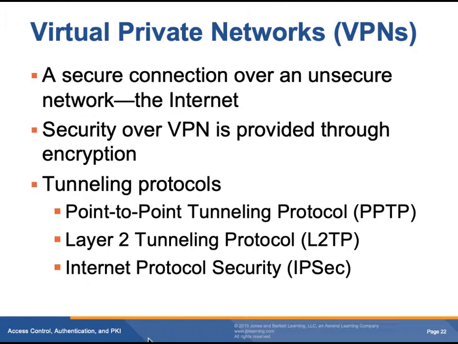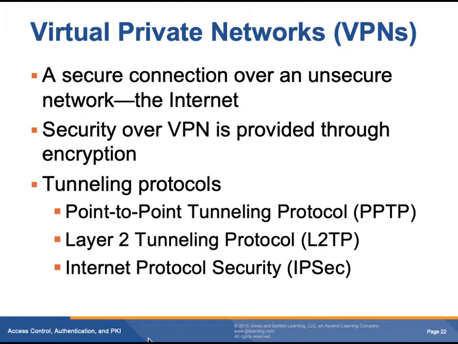VPNs, a secure connection over an unsecure network, such as the internet. Security over VPN is provided through encryption, and there are tunneling protocols associated with VPN, including PPTP, which is Point-to-Point Tunneling Protocol, L2TP, which is Layer 2 Tunneling Protocol, and IPsec, which is actually a suite of protocols.